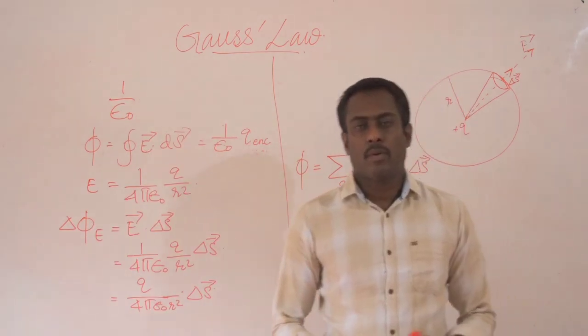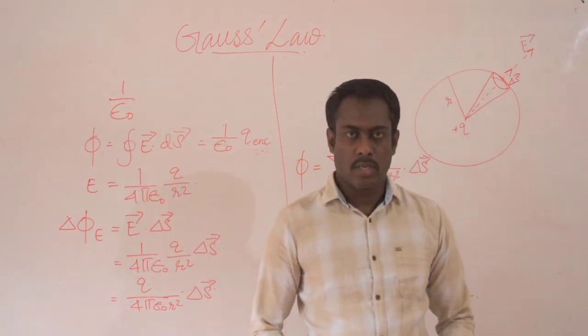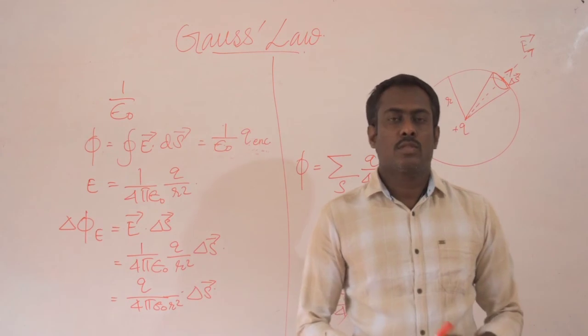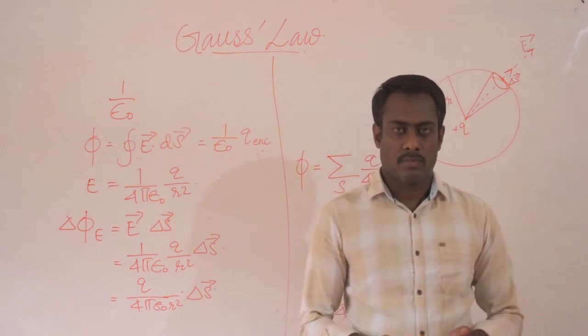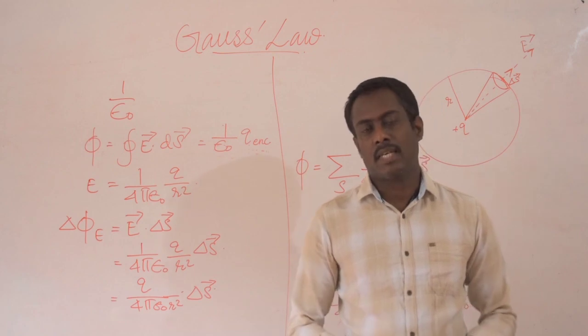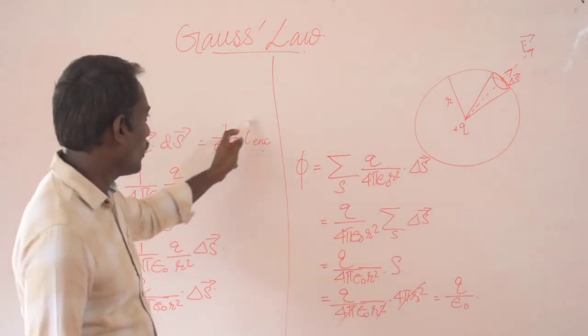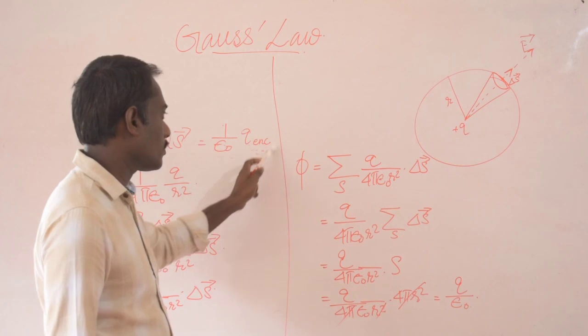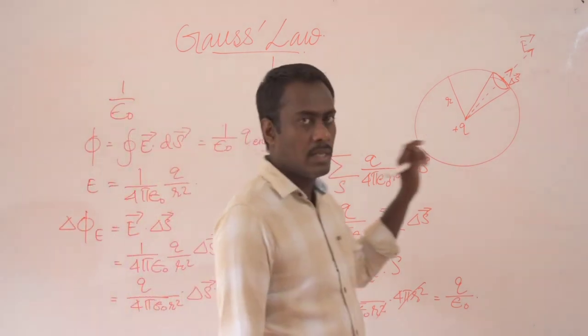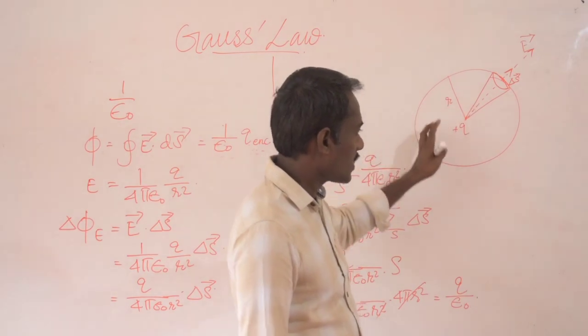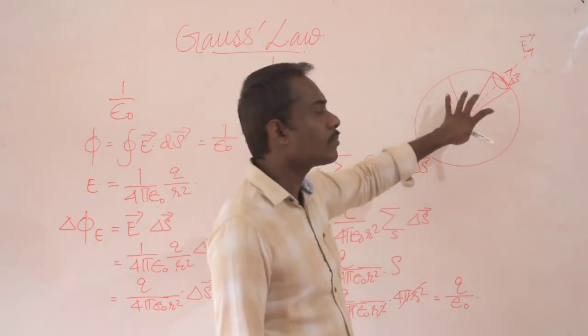Some important points regarding Gauss law are: Gauss law is true only when the surface is closed, irrespective of its size and shape. Q enclosed given in this expression is the sum of all charges inside the closed surface.